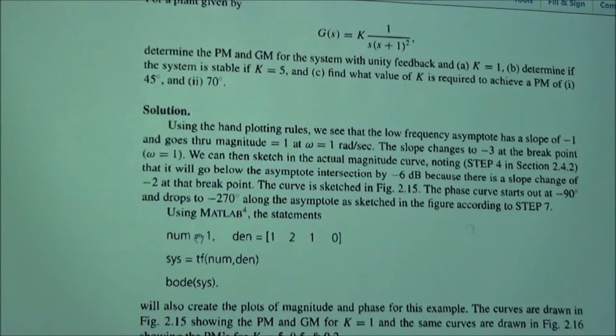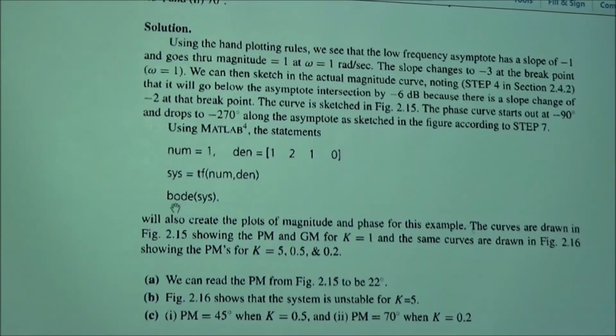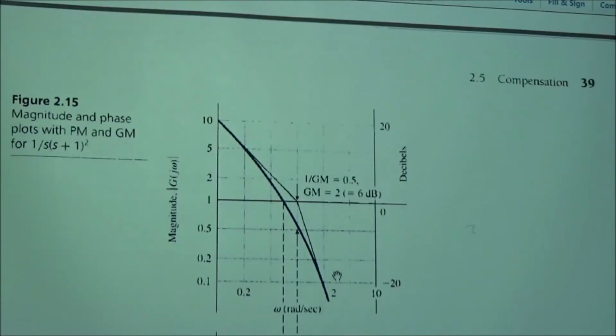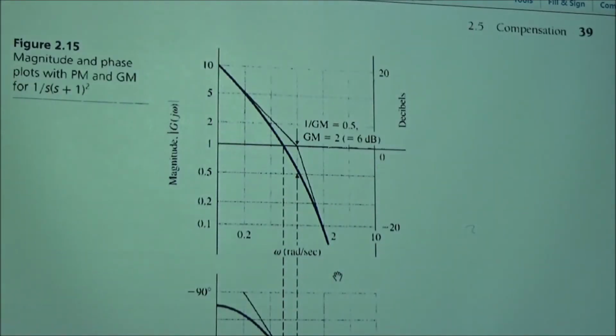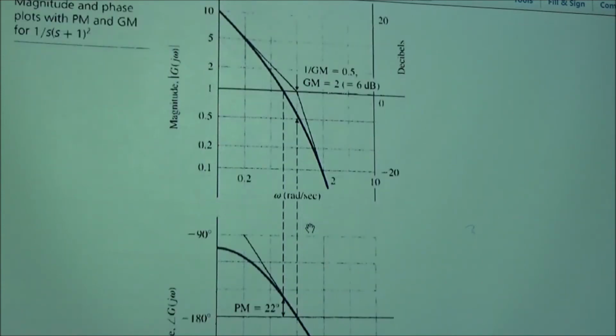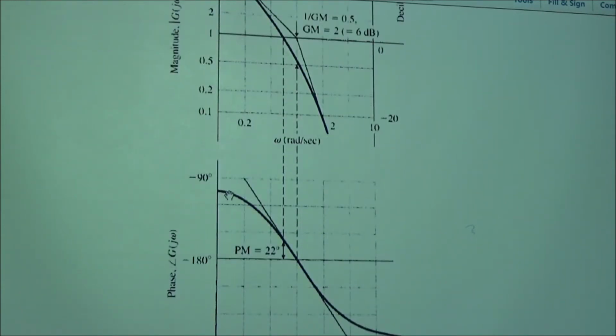For example, you define the plant, you define your system, and you define the Bode plot using the bode plot command here. And you can go and read the phase margin from figure 2.15. So this is the gain or the magnitude plot of that system. This is the phase plot.